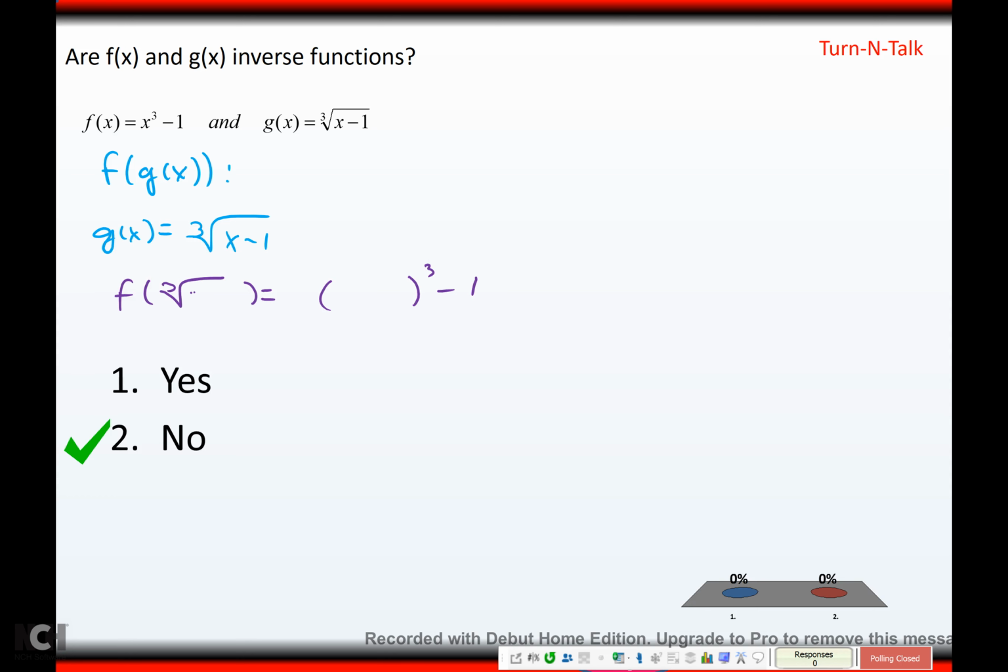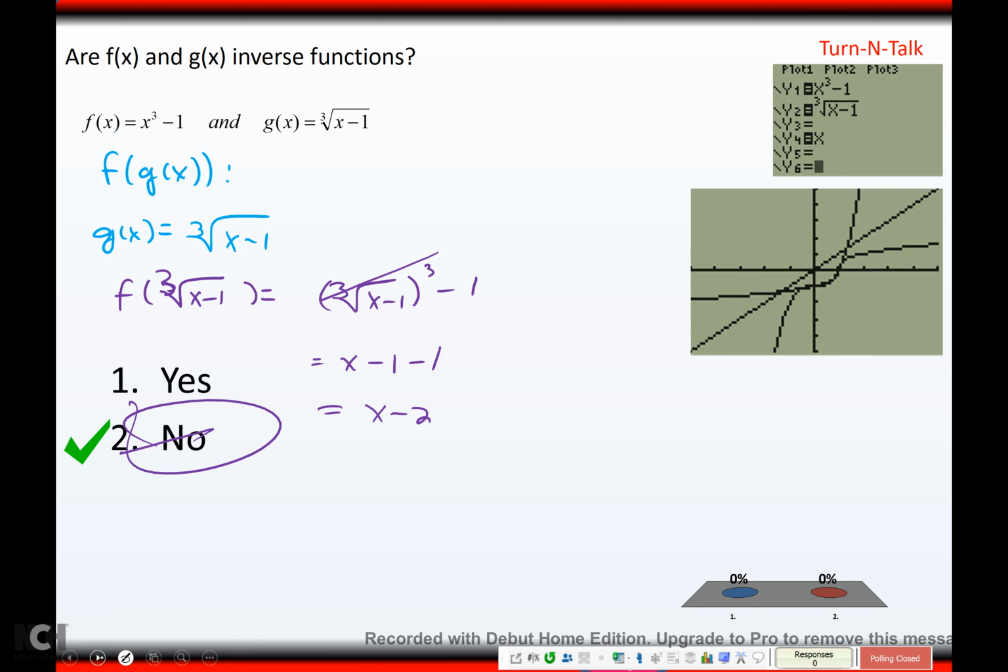Well, I brought the cube root of x minus 1. Well, the cube kills the cube root, and you're left with x minus 1 minus 1, which isn't just x, it's x minus 2. So, no, these are not inverses, because I didn't get the identity on my compositions. And you can see here's where they intersect, here's mother, she doesn't intersect where they intersect, so nope.